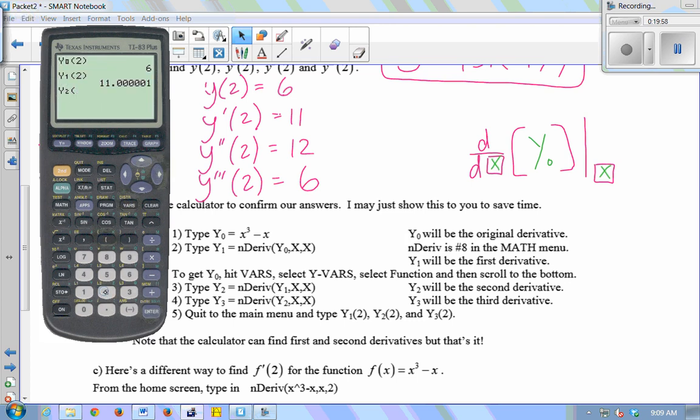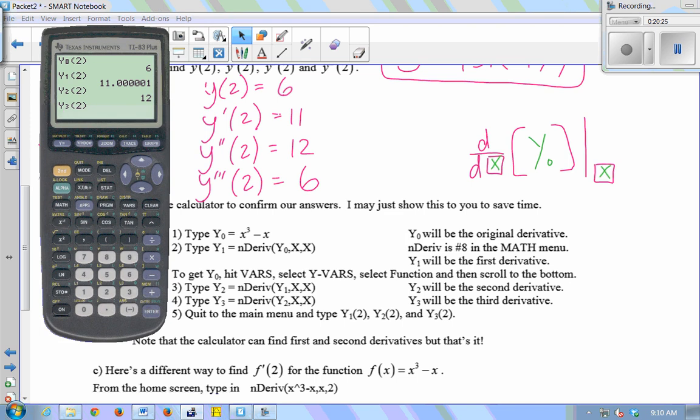I get 12. And let's see, vars, y vars, function y3 at 2. And illegal nest, I've taken too many derivatives of derivatives. It won't do triple primes. Just a limitation on my calculator.